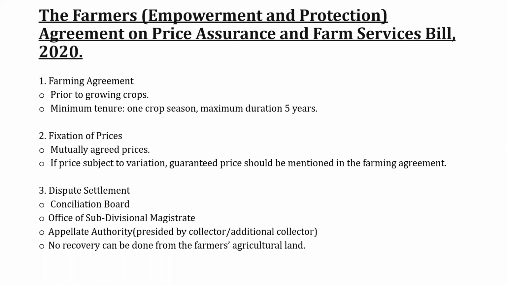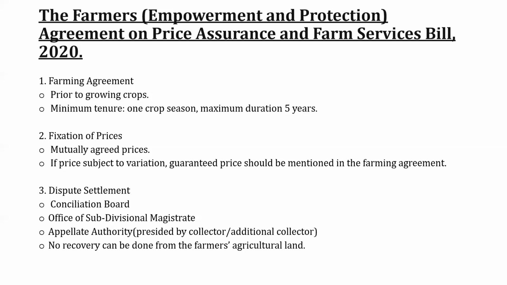An appellate authority, which is presided by a collector or an additional collector, is also there, so that the appeals from the office of the subdivisional magistrate can go to this appellate authority. Now, one of the glaring concerns here is that there is no mention of a judicial court. So, whether the parties can approach a court in relation to dispute settlement is still unknown.